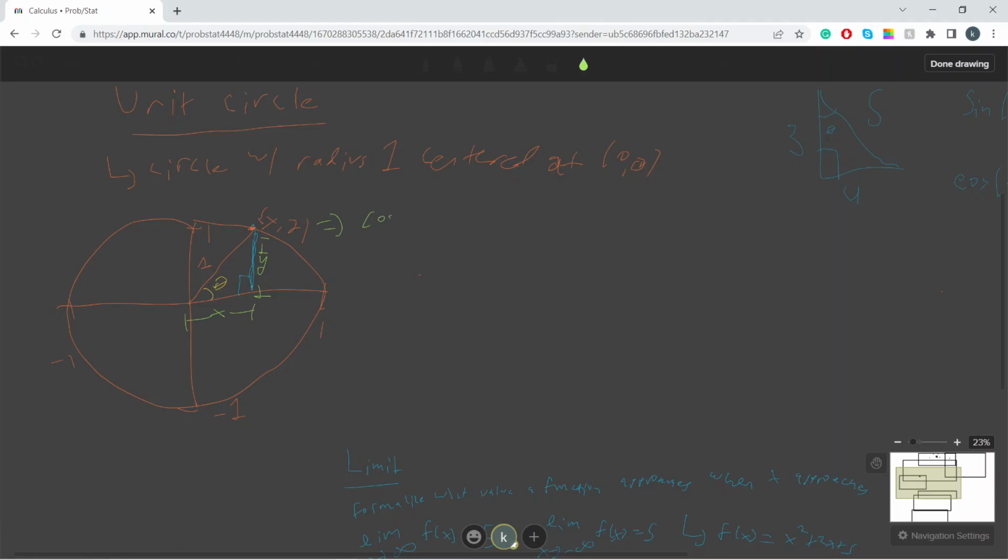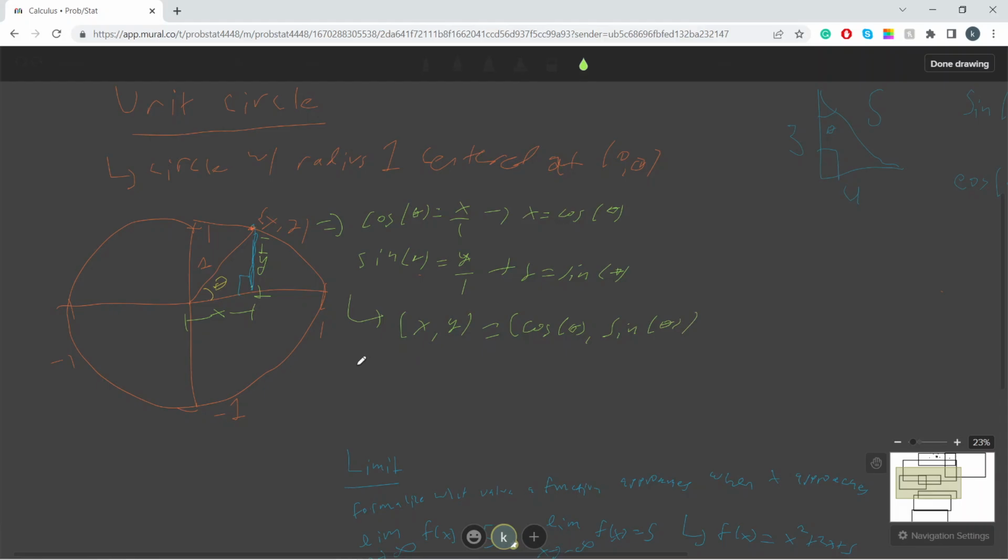So we know that cosine of theta is equal to x over 1, which means x is cosine theta. And we also know that y is the opposite side to this theta. So we can say that sine of theta is simply equal to y over 1, which means that y equals sine of theta. So in principle, this means that the point x, y on the unit circle is really cosine theta comma sine theta.